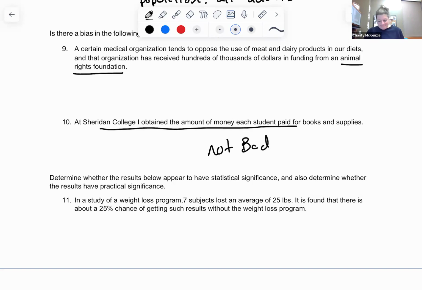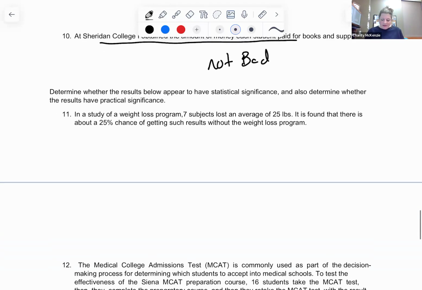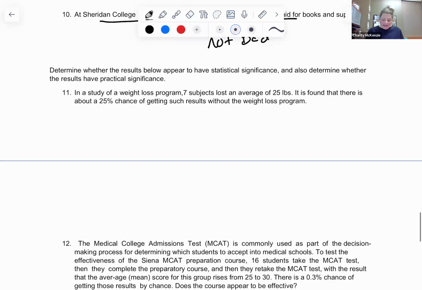Okay. Determine whether the following results appear to have statistical significance or practical significance. In a study of a weight loss program, 7 subjects lost an average of 25 pounds. It is found there is about a 25% chance of getting such results without a weight loss program.